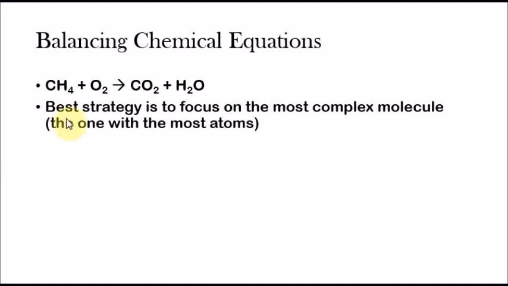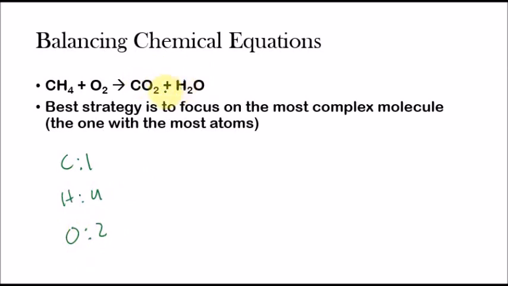So if you look here in this chemical equation, let's count the number of atoms of each element on both the reactants and the product side. On the reactant side, we have one carbon atom, 4 hydrogen atoms, and then 2 oxygen atoms.